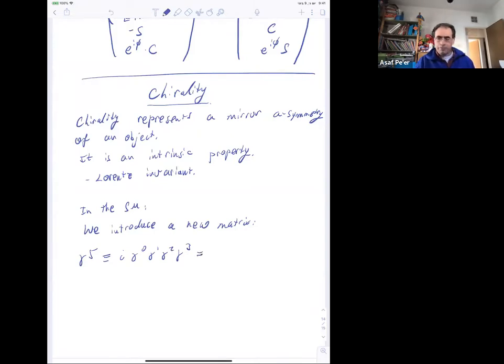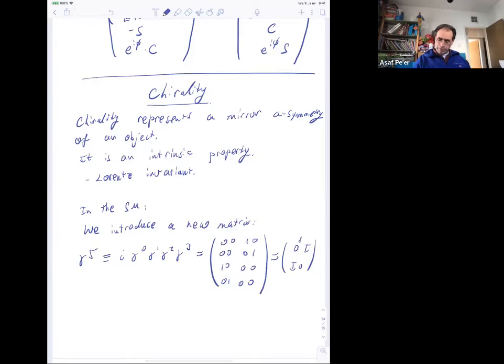So again, if you go to the representations of the gamma matrices we had, and you plug in the values and multiply the matrices, you end up with this matrix: 0, 0, 1, 0, 0, 0, 0, 1, 1, 0, 0, 0, 0, 1, 0, 0. Or in 2 by 2 block form, this is 0, I, I, 0, where each entry is a 2 by 2 block.